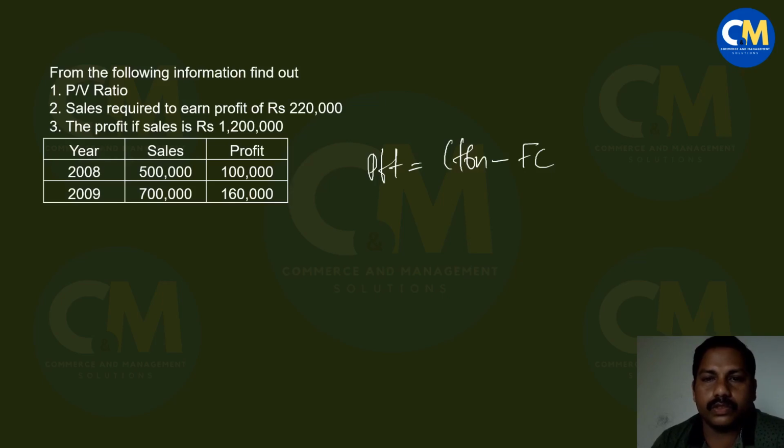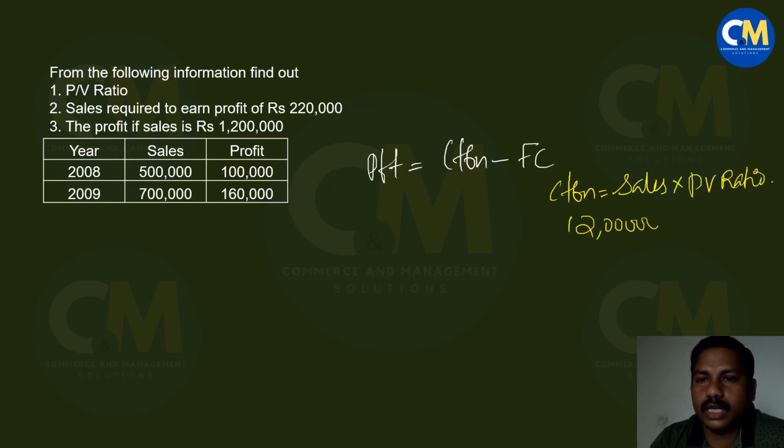Contribution is equal to sales into PV ratio. We need to take the new sales, that is 12 lakh into 30 percent, so we get 3 lakh 60,000 as the contribution.